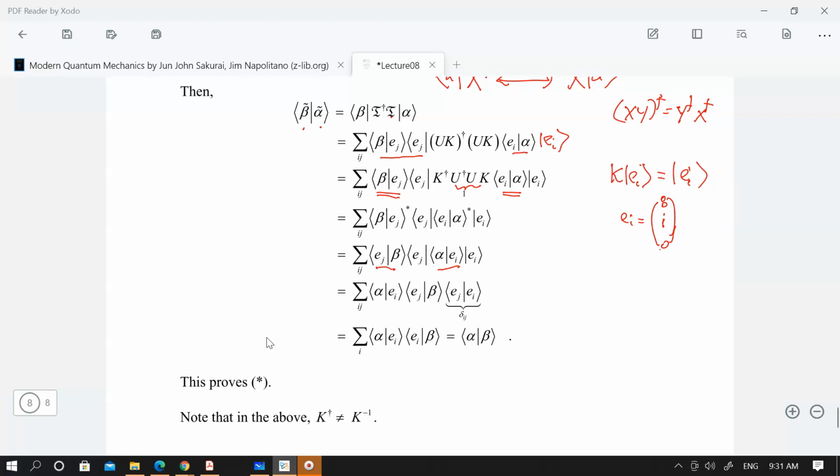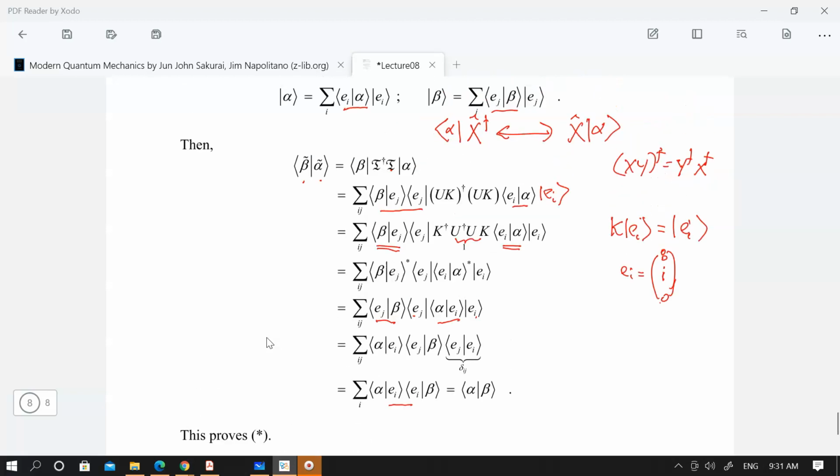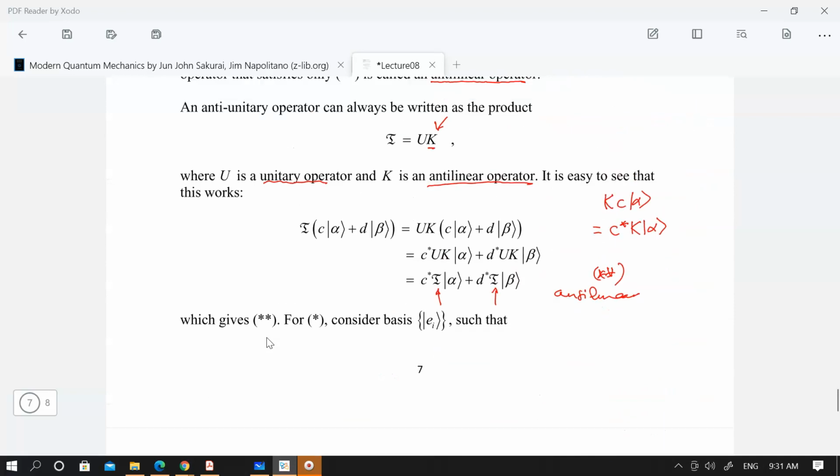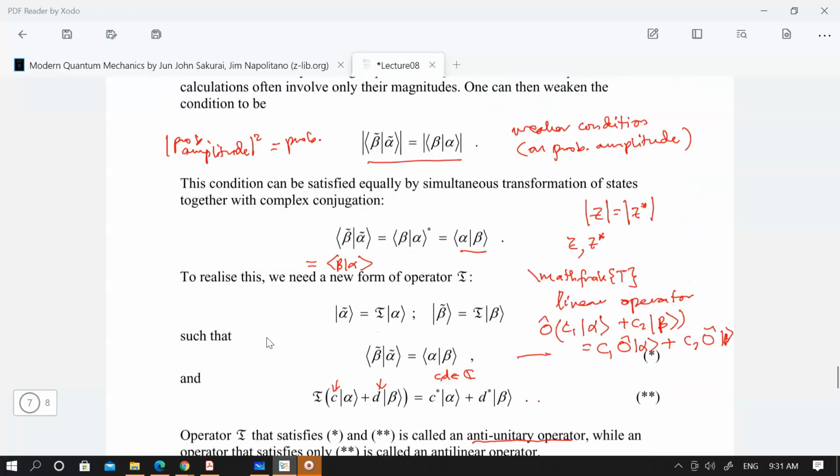And then I have this one operating on e_i here, so e_j e_i will give you a Kronecker delta. So I will be able to change the index here to be the same. And that is essentially just the identity operator, and I'm left with alpha beta. And this is precisely the condition of star.